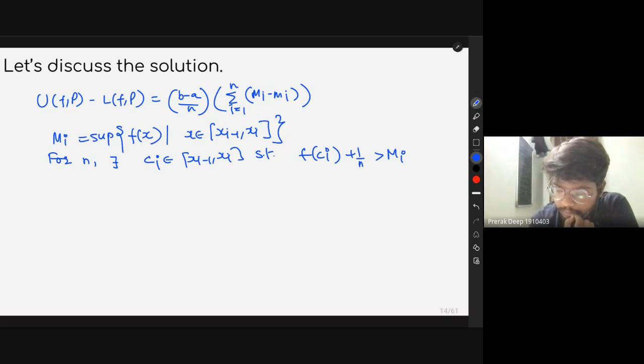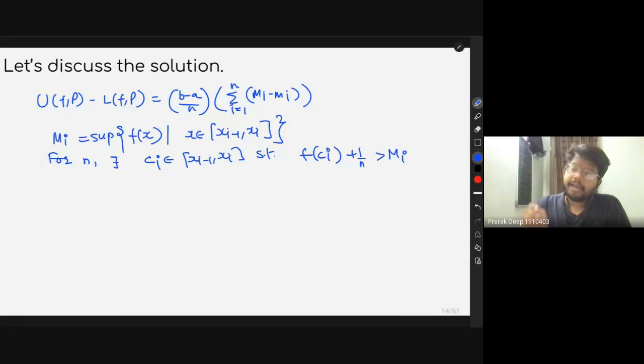You will always be able to find such a ci. You take n appropriately so that this thing happens.